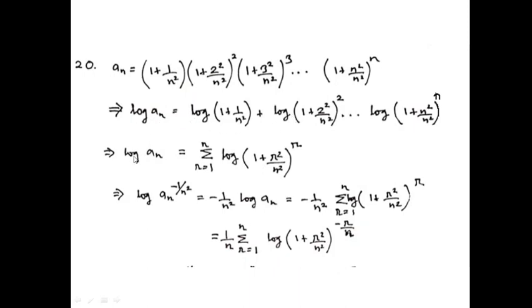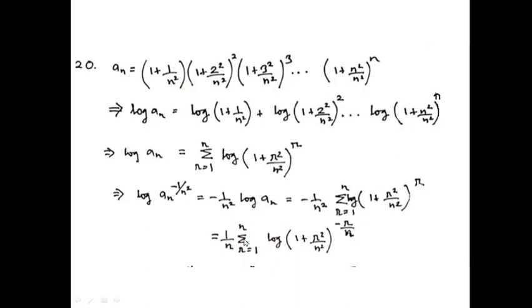Okay. Now log a_n, the general term is 1 plus r square by n square to the power r, log, summation r varies from 1 to n. And log of a_n to the power minus 1 by n square is minus 1 by n square log a_n, that is minus 1 by n square summation r equal to 1 to n log of 1 plus r square by n square to the power r.